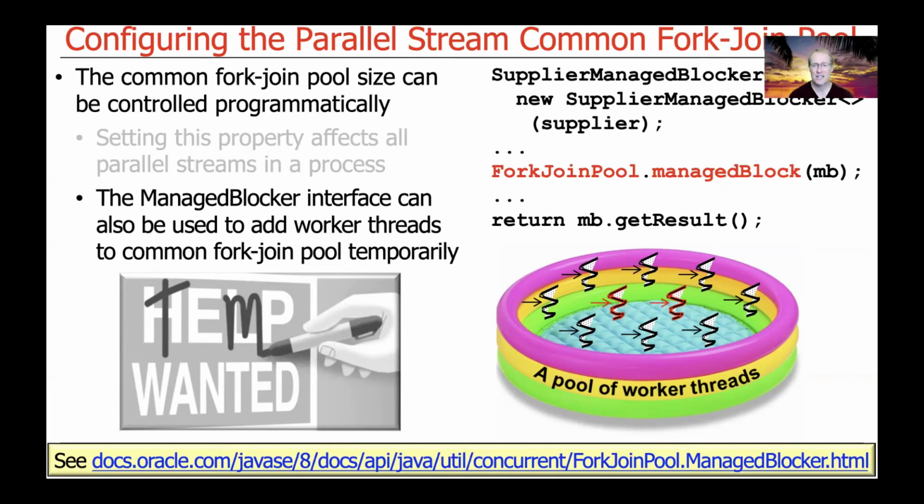In this particular case, what I'm showing here is that if you're going to be doing blocking operations and you use the right mechanisms, like the ManagedBlocker interface and the managedBlock method on the common fork join pool, then the system will temporarily and automatically create new threads on your behalf.